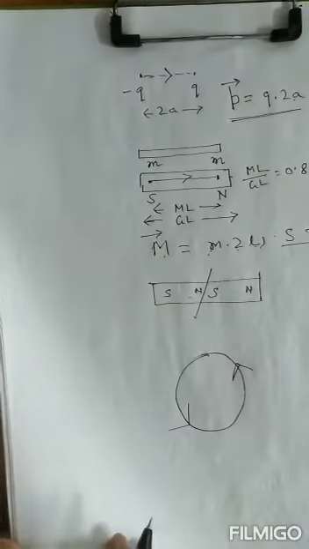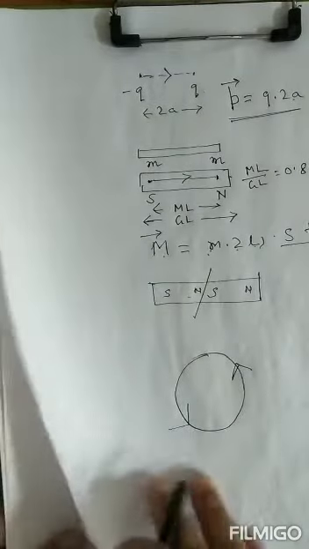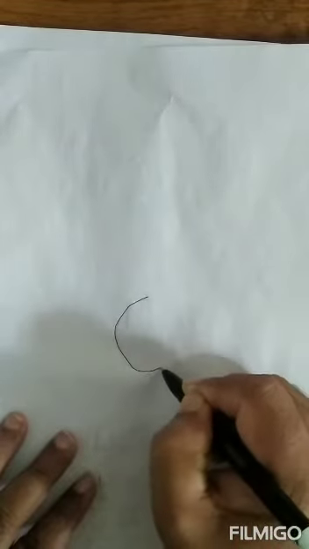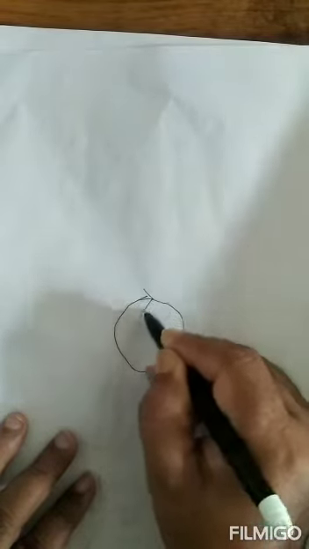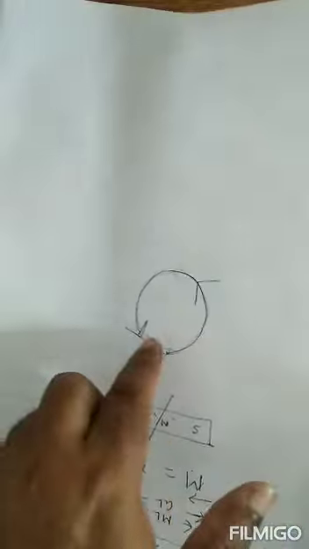So if current through this face is anti-clockwise, then on the opposite side of the paper, this is the circular coil that I have drawn here. On the opposite side of the paper, this is the direction of the arrow. You just see. So here, this is the direction.